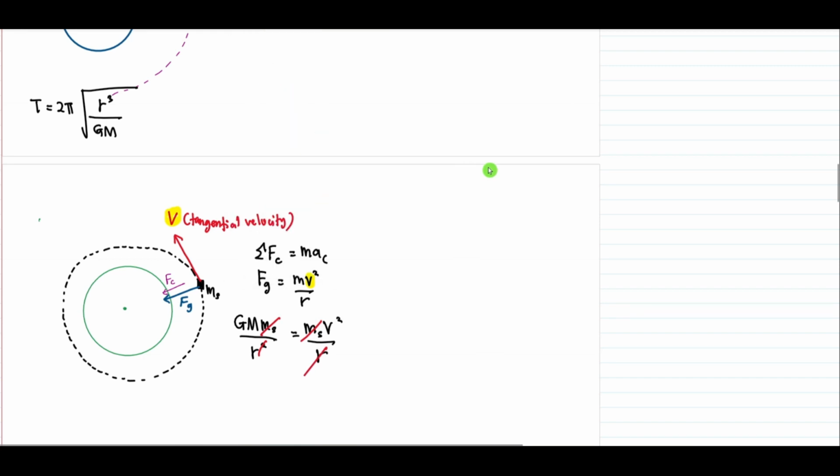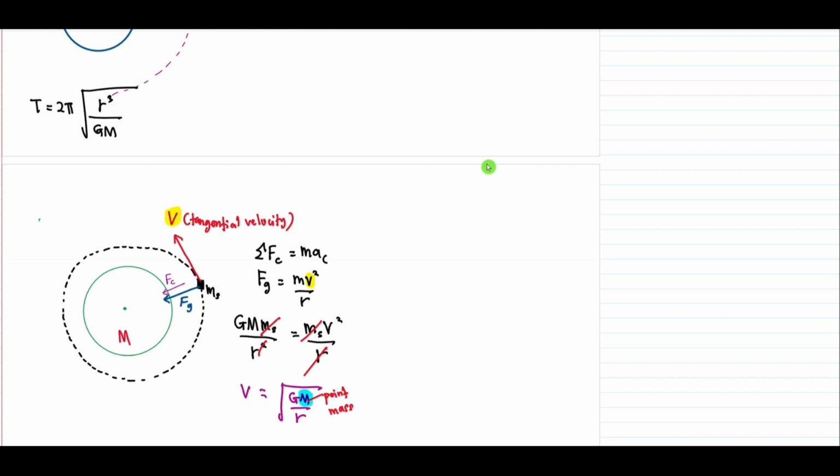Therefore, the equation of tangential velocity v is equal to square root of GM over r. Jadi perhatikan dekat sini kita dah tak ada small m. So this is capital M, referring to the mass of the point mass, which is the mass of the Earth. Boleh? So kena tahulah.